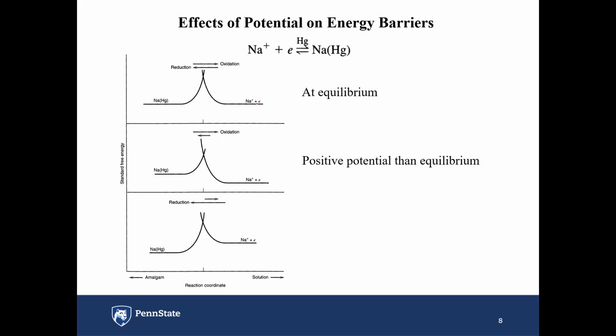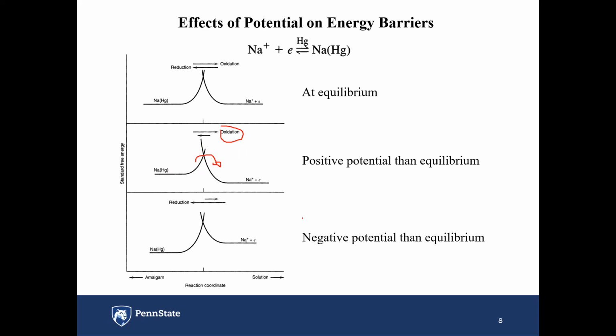However, if we apply a positive potential to the electrode, what is going to happen? We have the right side lower than the left side, and that means we will have an oxidation reaction. Why is that? Because this reaction is easy to go from the left side to the right side, so the oxidation reaction is easier. The reaction coordinate is easy to move from here to here.